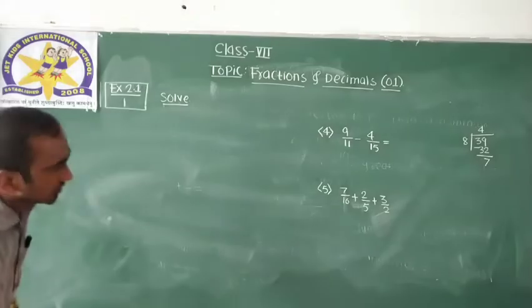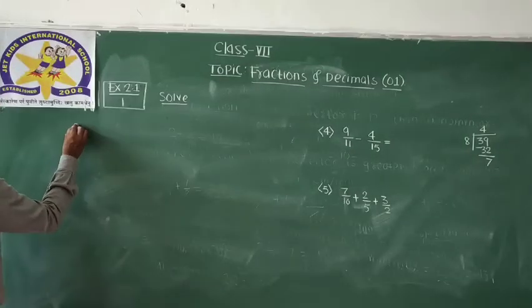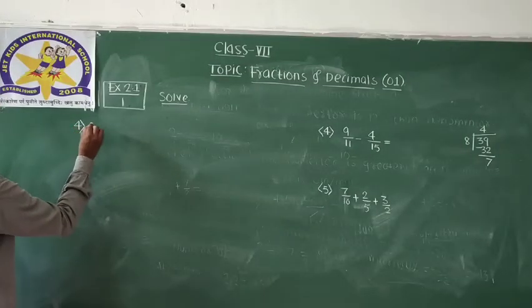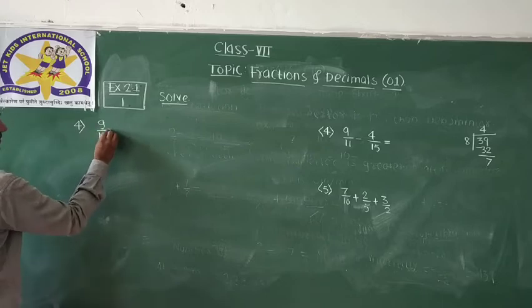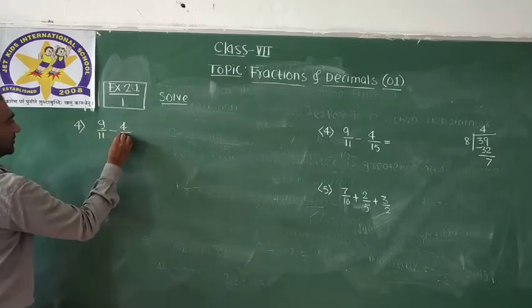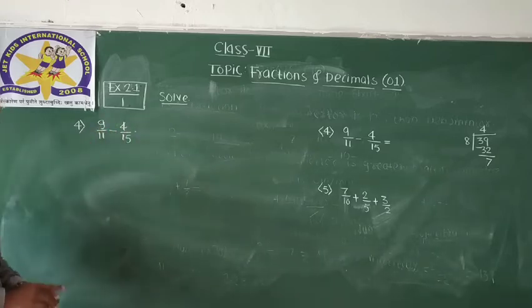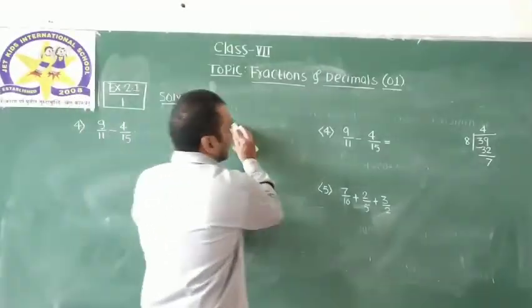Question number 4 is 9 by 11 minus 4 by 15.